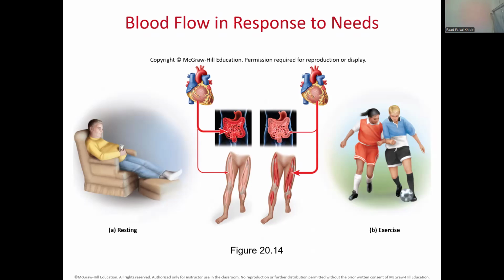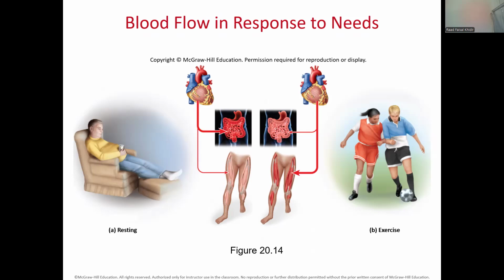But this person on an armchair, the blood going to the skeletal muscle is vasoconstricted because we don't need that much, while the blood vessels heading to the intestine are vasodilated because he's eating and you need to digest. Are we clear?